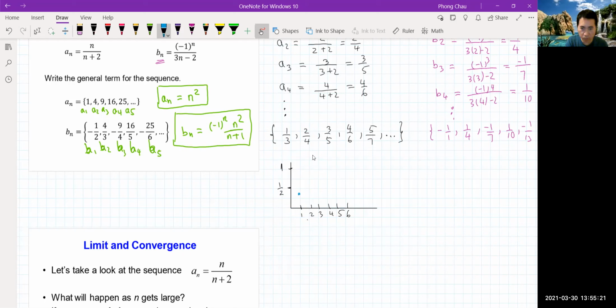When it's 2, you have 2 fourths, which is 1/2. With 3, you got 3/5. 3/5 is more than a half, so it's there. With 4, you have 4/6, which is 2/3. 2/3 is there. And then 5, you have 5/7, and so on.